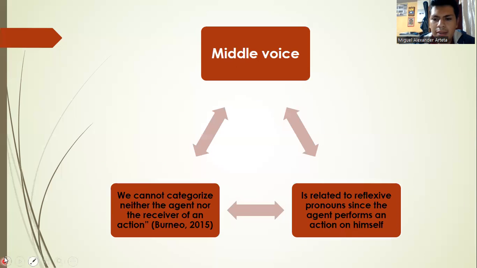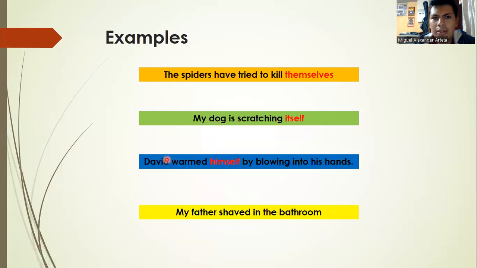Let's analyze this part, the reflexive pronouns, because in these examples, we can highlight in red color the reflexive pronouns: themselves, itself, himself. But let's analyze one by one. For example, "The spiders have tried to kill themselves."